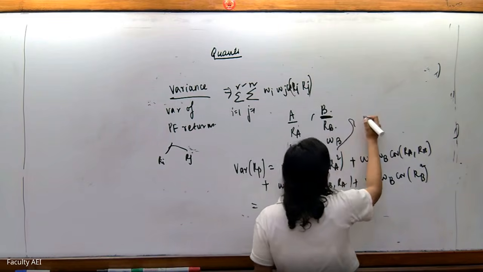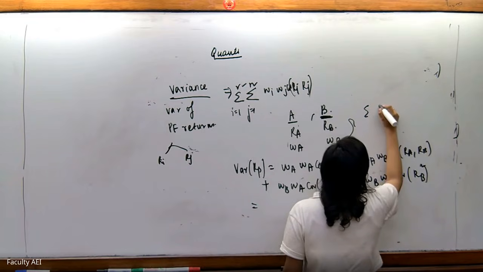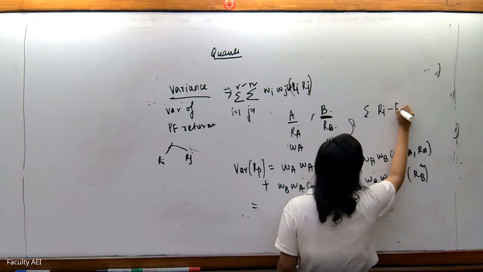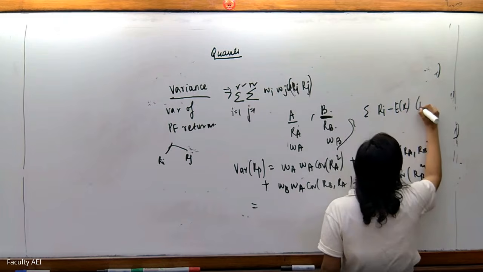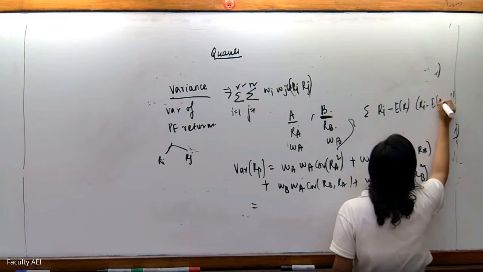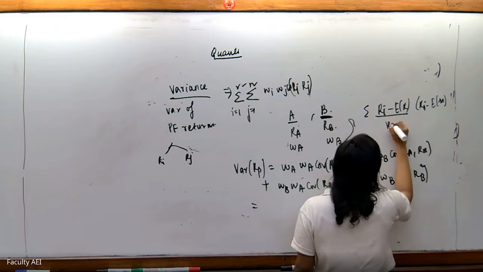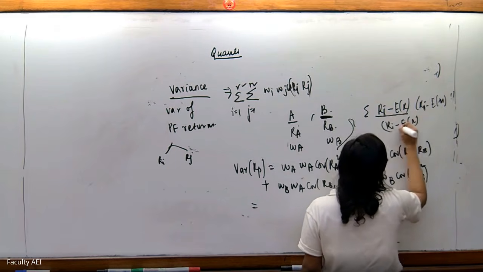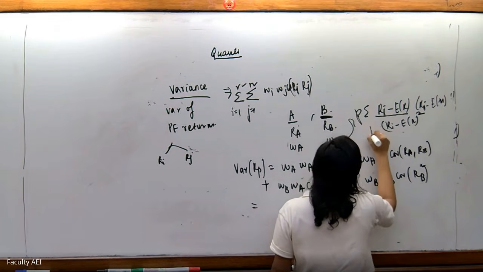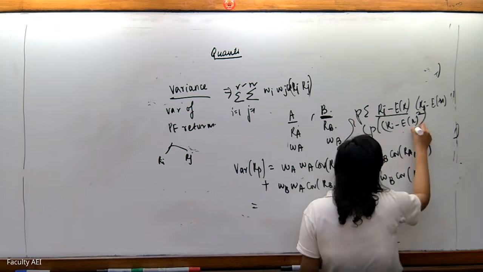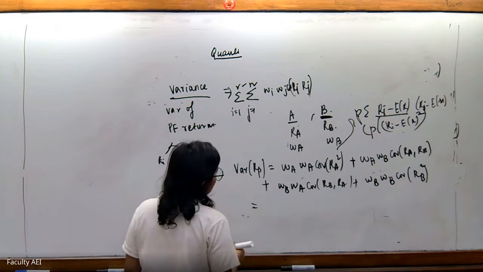Because what is the formula for covariance? Your return minus your expected return, into your return minus your expected return. So if both are the same, it is Ri minus expected return, whole square, with your probability, which is the same as the variance formula.